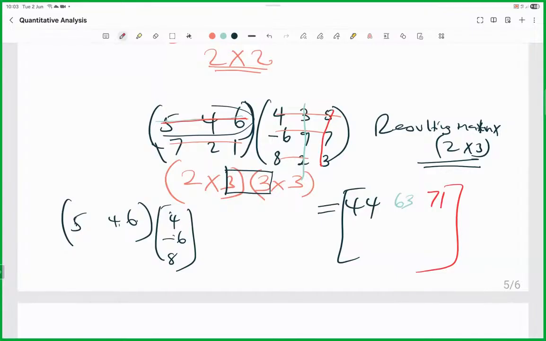They're getting 44, the third one? I would expect to get many answers from you guys.